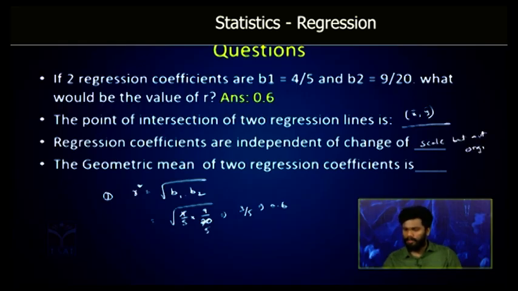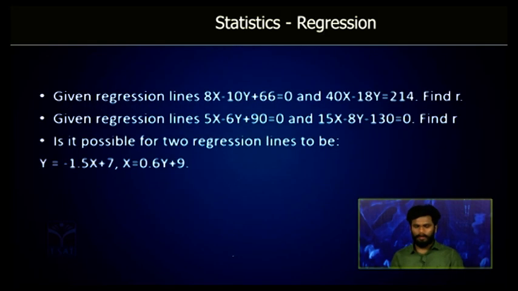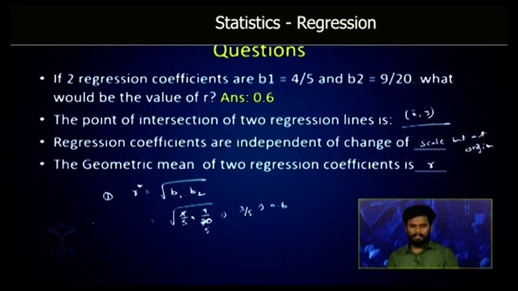So that is very, very important. Now, the geometric mean of two regression coefficients is the correlation coefficient, that is r. These are just conceptual questions.